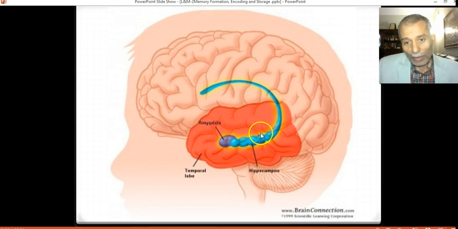So this area, the hippocampus, as I mentioned, is like the mail processing center or like the airport, everything converges on there, and this hippocampus is connected with all storage sites in the cortex, and the information goes back and forth between the storage site and the hippocampus, and also there's a constant back and forth between the prefrontal cortex and the hippocampus as it continues to process the information.